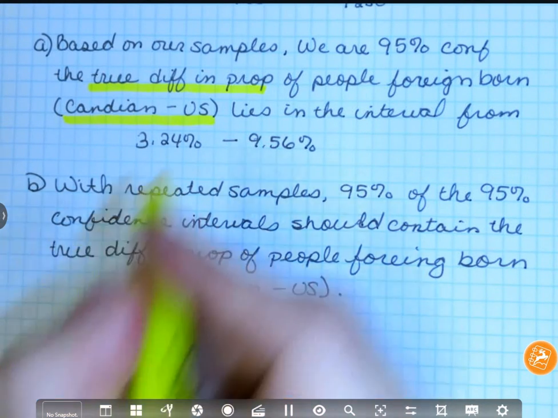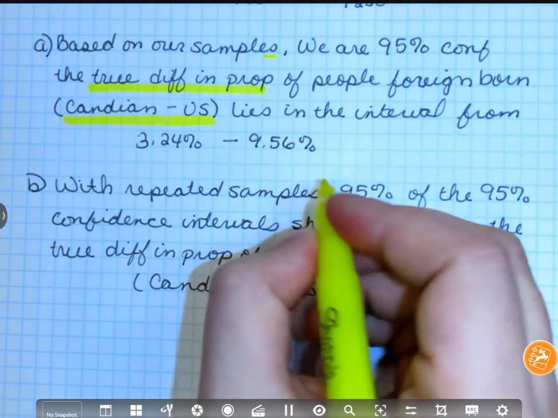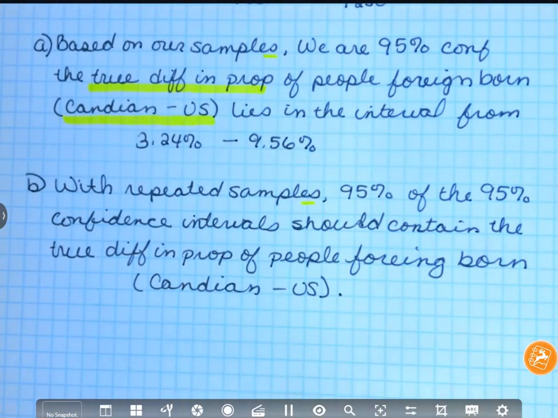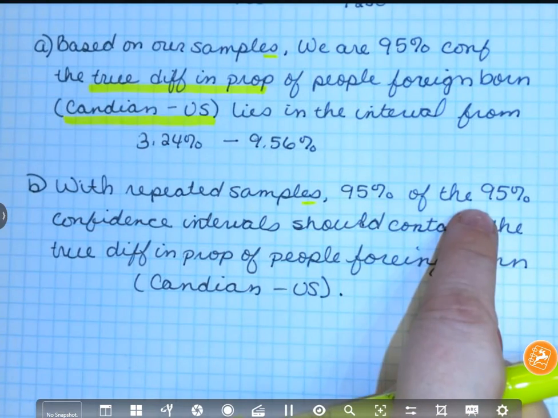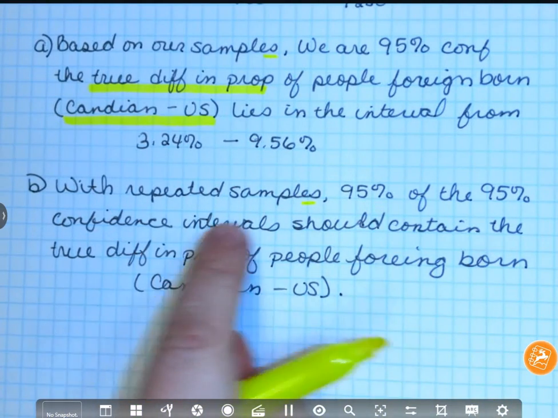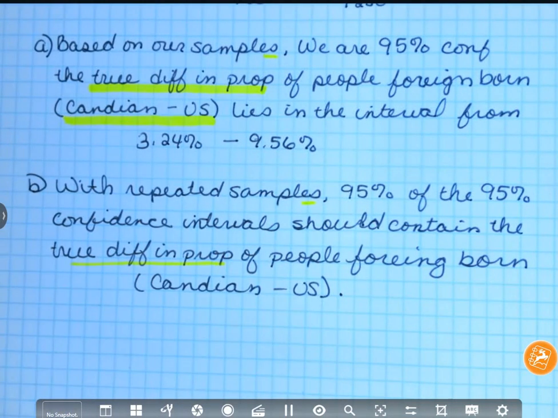And then of course a little s here, those are the main differences that we see in the difference interpretation. We see the same thing in our interval level, again, with repeated samples, that's still there. 95% of the 95% confidence intervals should contain the true difference in proportion.